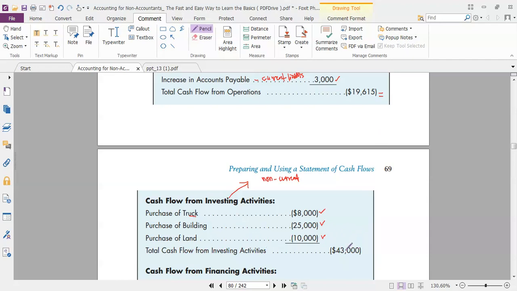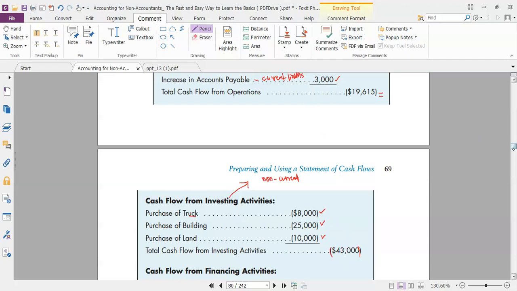And then we will get the total cash flow from investing activities of 43. Alright, so how did you get 43? 8,000 add on with 25,000, add on with 10,000, so you have negative 43,000. The total is negative 43,000.